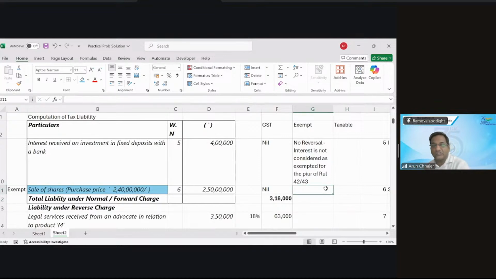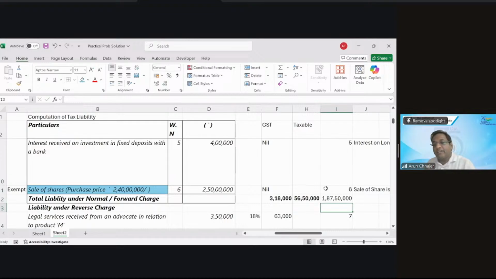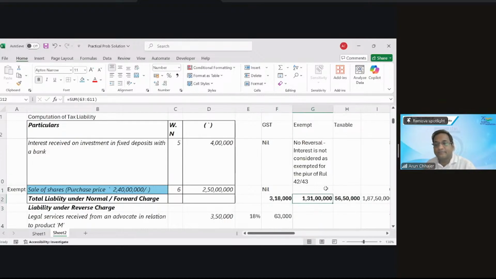Sale of shares. Will it be exempt supply? The answer is yes.